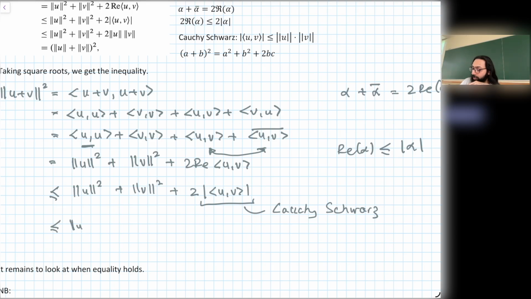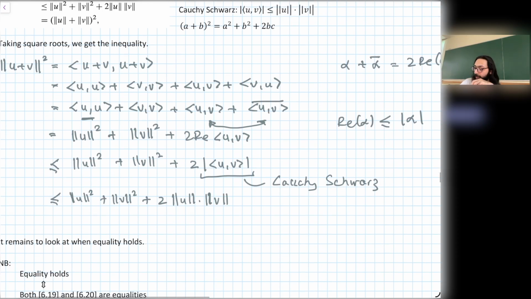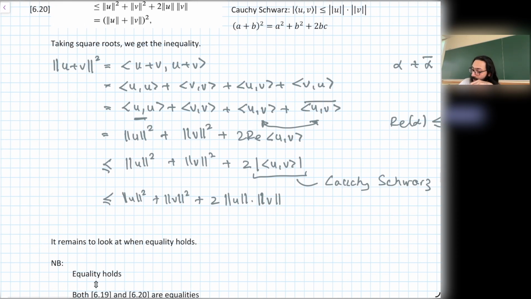I'll write the first terms as they are, plus 2 times... who's going to tell me what Cauchy-Schwarz says? Right, we just applied Cauchy-Schwarz. We didn't do anything complicated. Let's add some more space now.